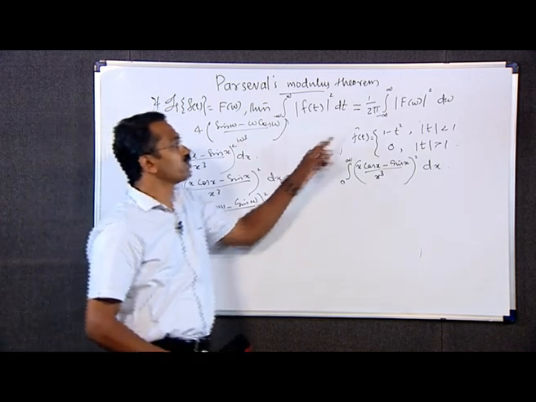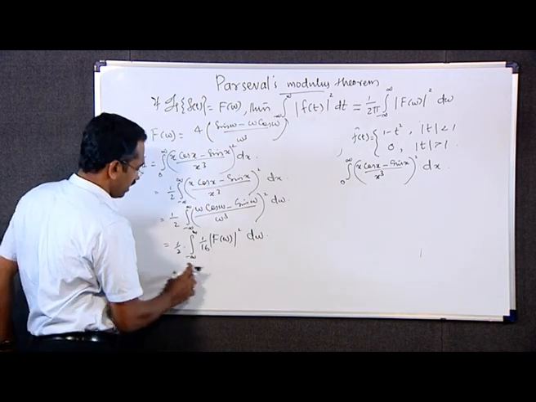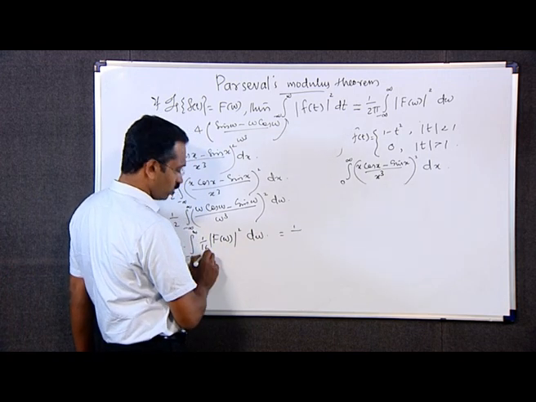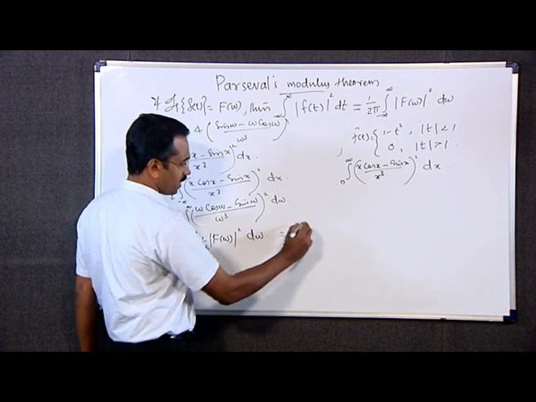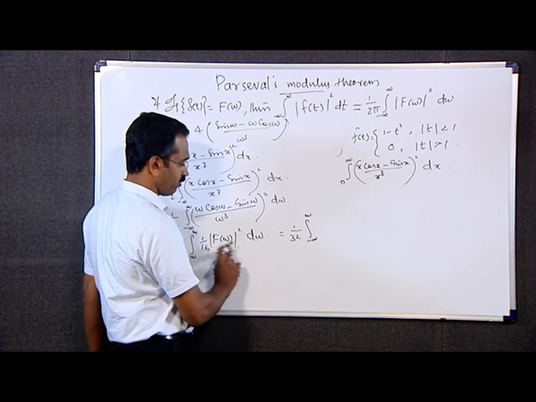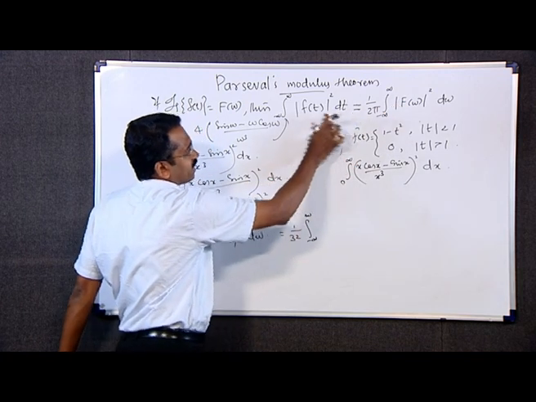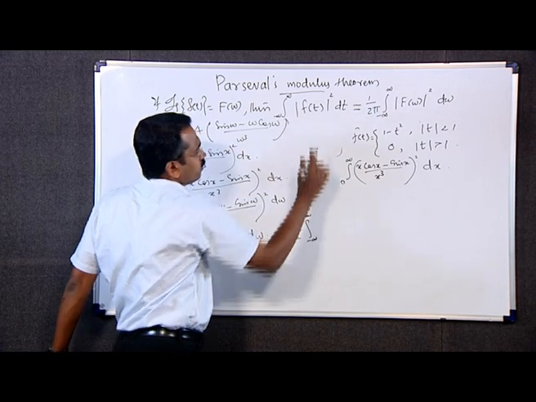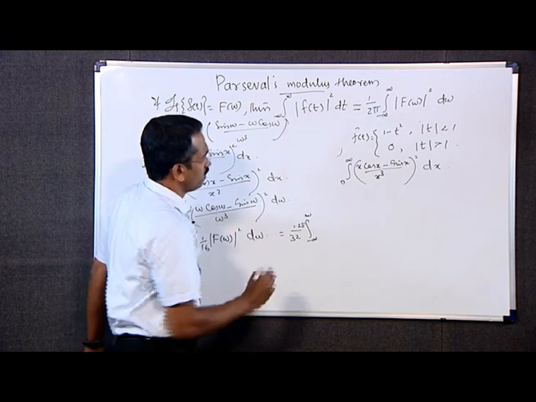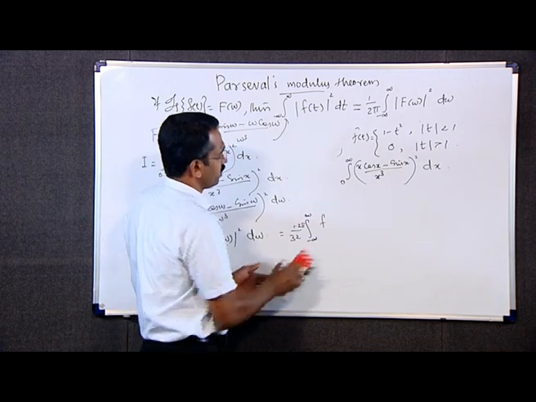Now, we use this Parseval's identity. From this identity, we can write this as 1 by 2 into 1 by 16, that means 1 by 32, integral from minus infinity to infinity of modulus of f of omega whole square d omega. By using this Parseval's identity, we can write this integral as 2 pi into integral from minus infinity to infinity of modulus of f of t whole square dt.